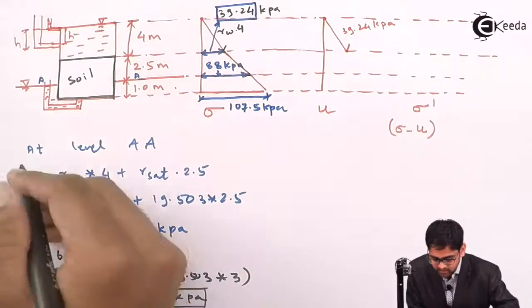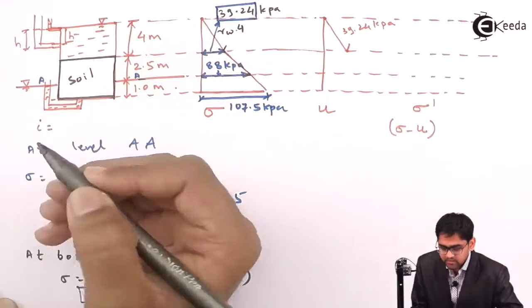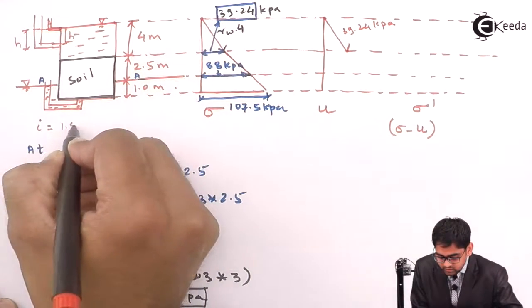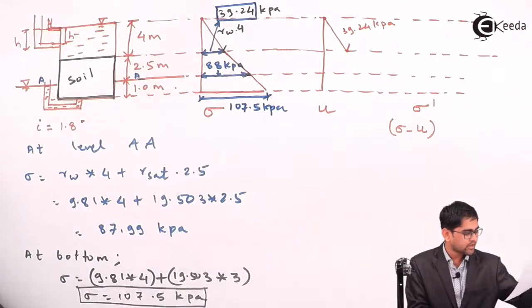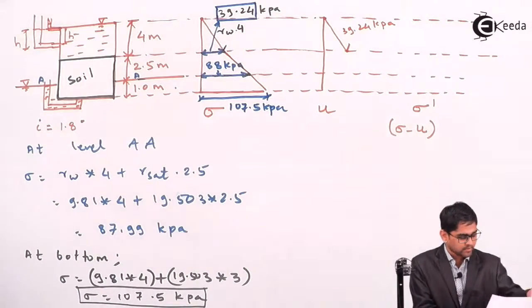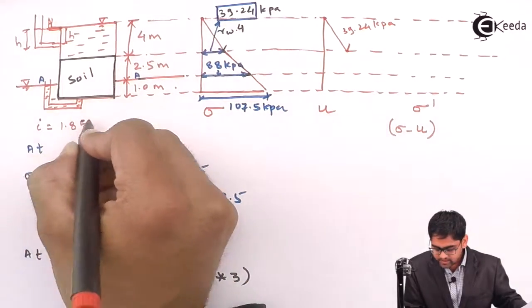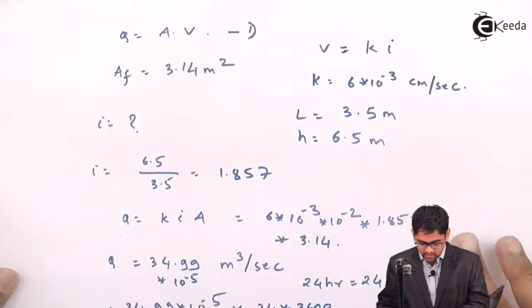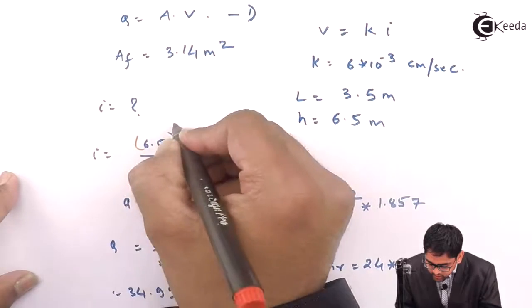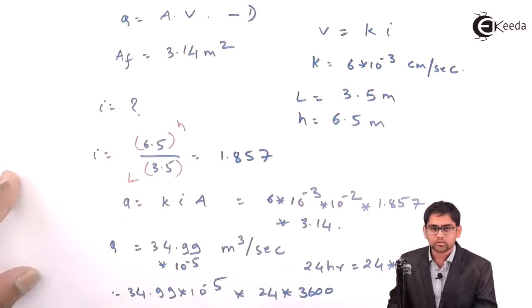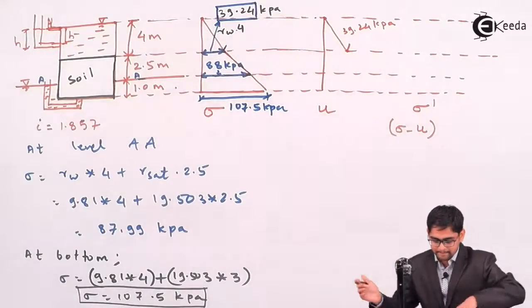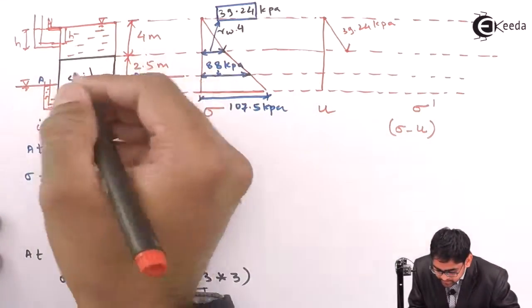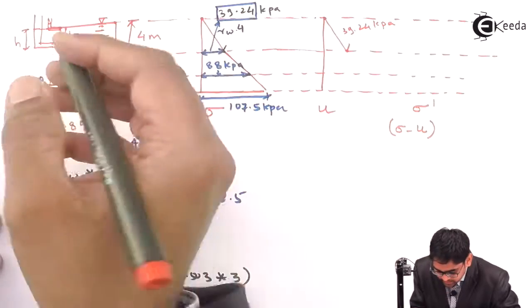And we also found one factor, which is nothing but i, which is equal to 1.857, as we calculated in our previous discussion, which is nothing but the head loss divided by the length of the flow, or length of the soil.